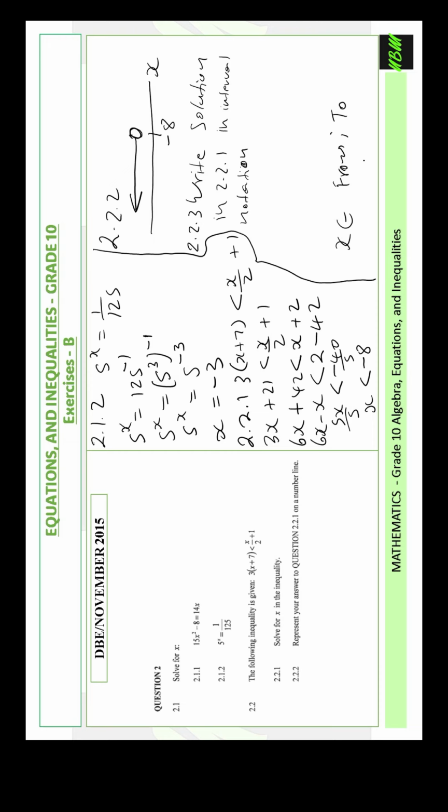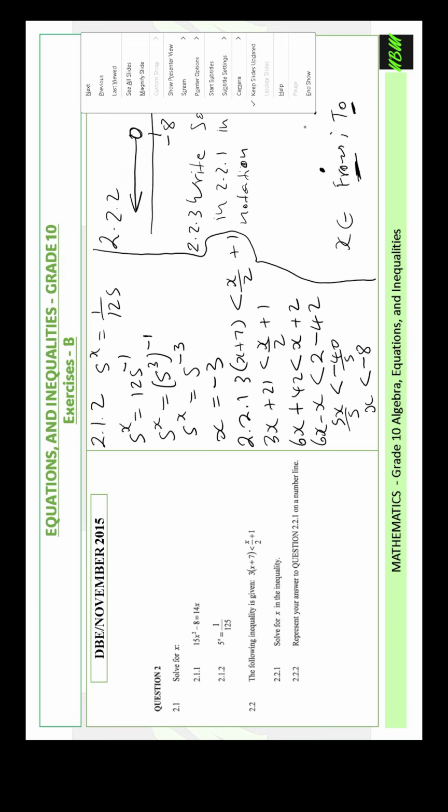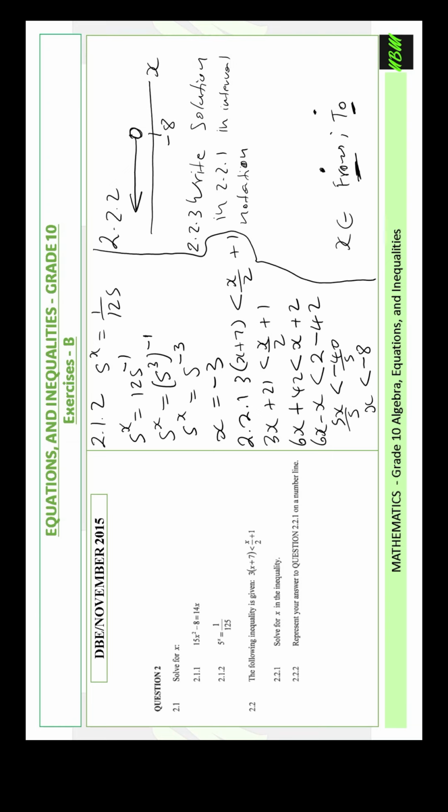That is the interval notation: the values of x from this value to this value. Meaning the values on the left will always be less than the values on the right. Remember that. What is on the left of from will always be less than what is on the right.